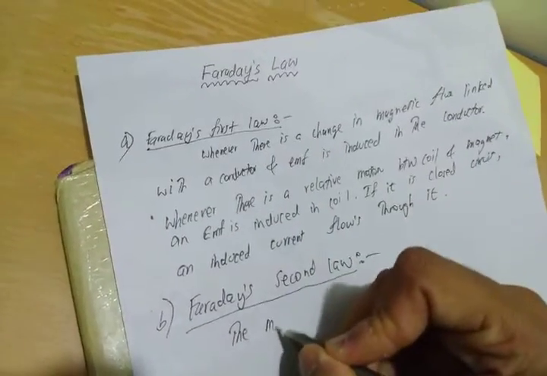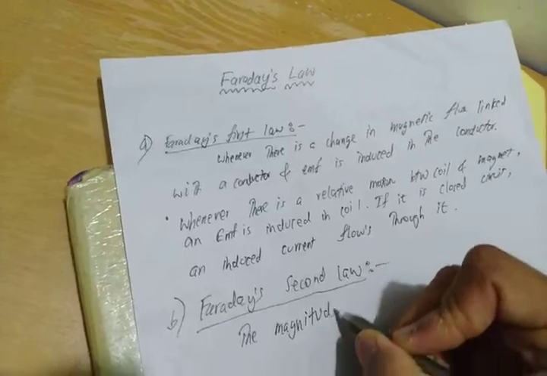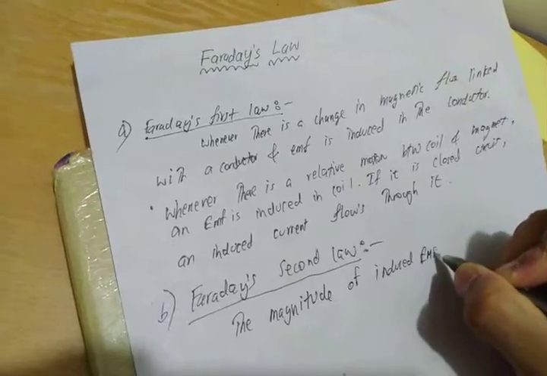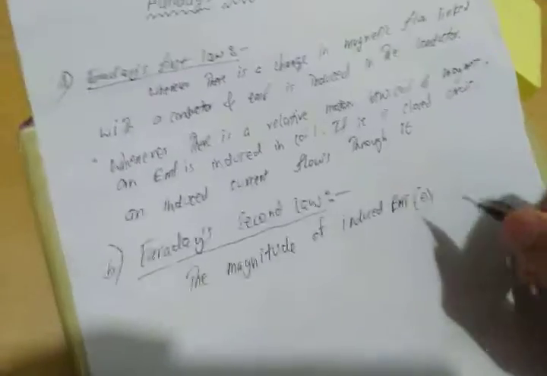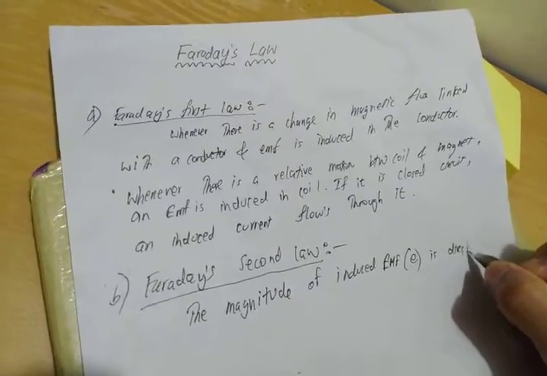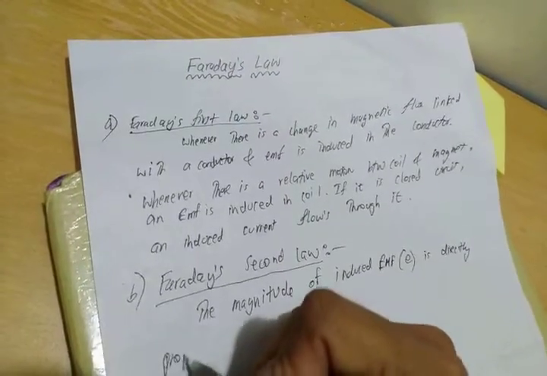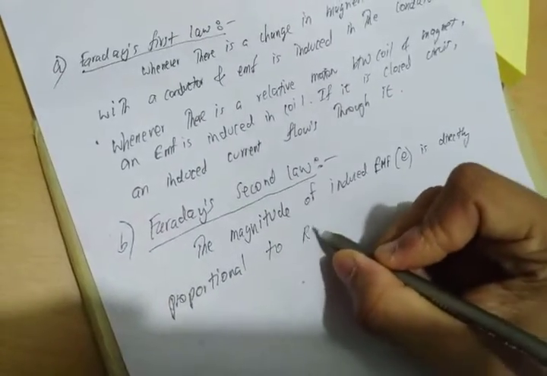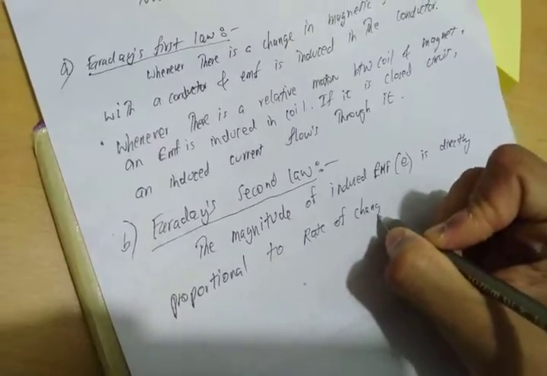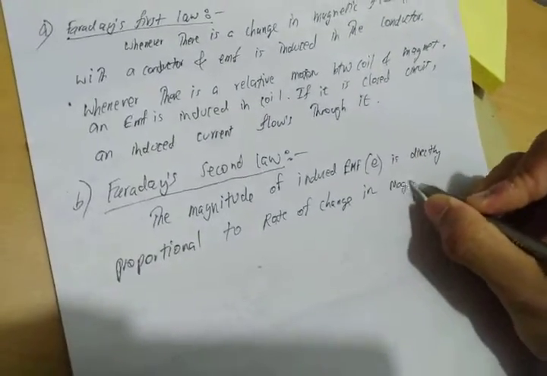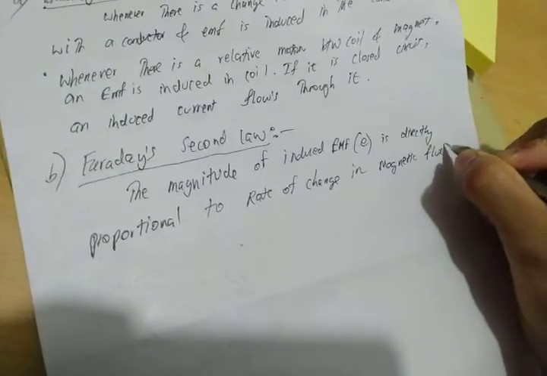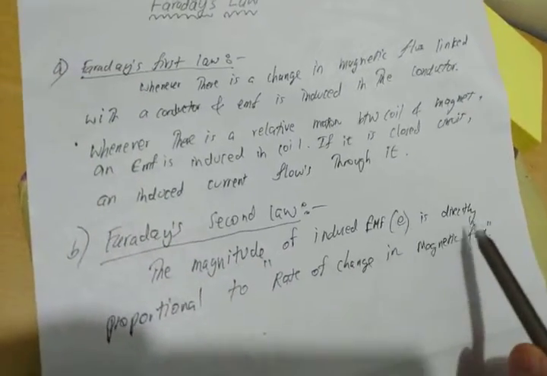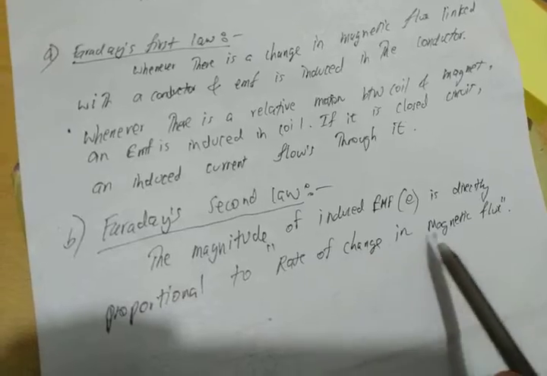The magnitude of induced EMF, E is the symbol of EMF, is directly proportional to the rate of change in magnetic flux. This is the main point.